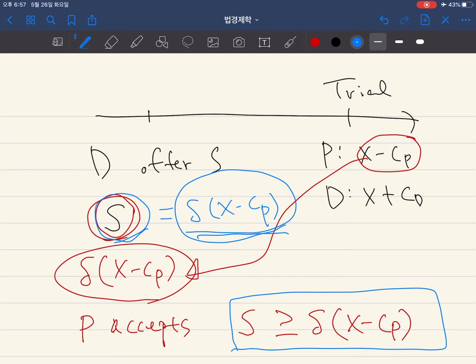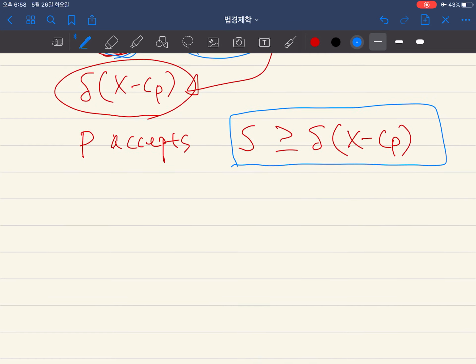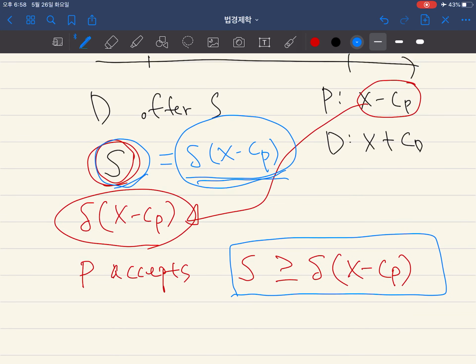Then plaintiff is going to accept and they settle today and they don't go to trial tomorrow. So again, when defendant has the last chance to make a settlement offer, defendant can extract the entire surplus from settlement. So who can make the last offer is really important.